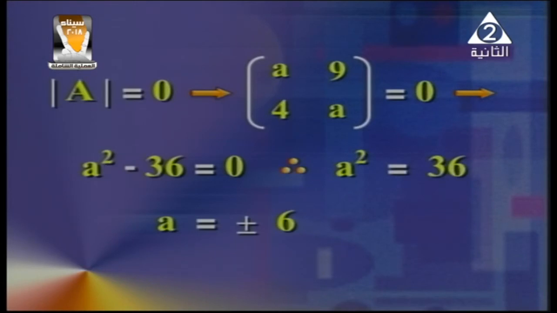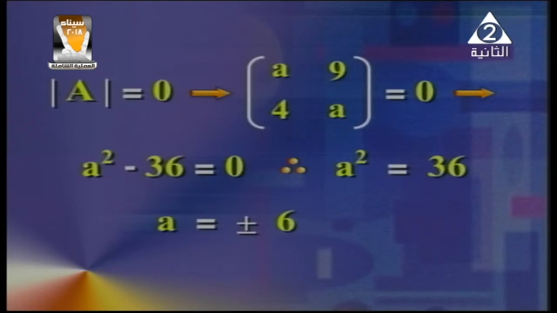Dear student, when the matrix has no multiplicative inverse, to find the value of A, we find the determinant of the matrix equals 0. This matrix is a square matrix. A square matrix has 2 rows and 2 columns.